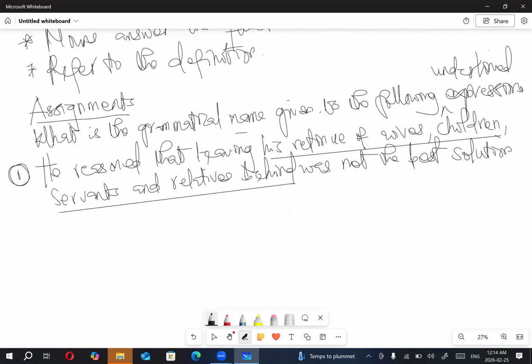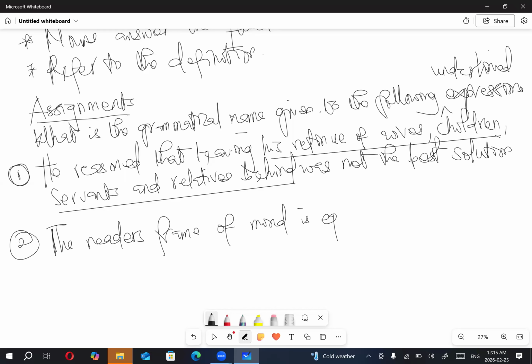Let's look at the second one. The reader's frame of mind is equally important.